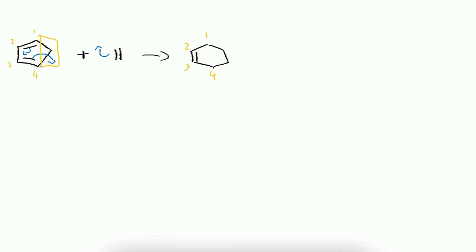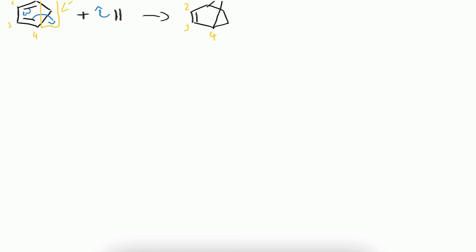So let's just draw it in. Just like that. So this carbon here is this carbon here in the yellow box. I hope that makes sense. It's pretty confusing. It's not the easiest to get your head around if you can't see it. But this carbon here is this carbon here. It's sort of been lifted up, like folded upwards.